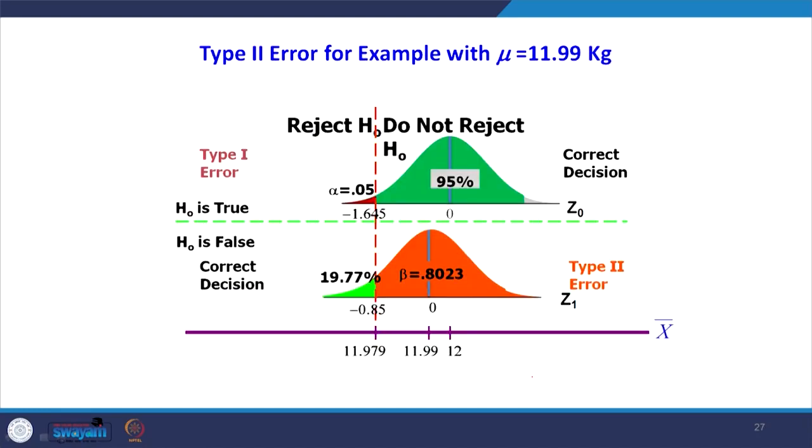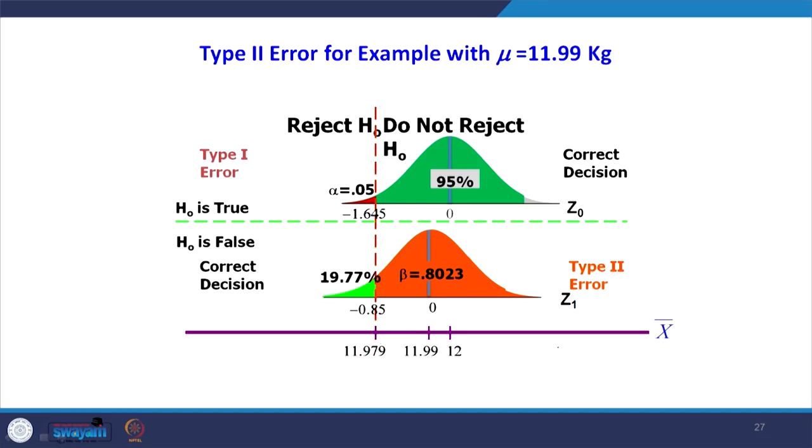Now, look at this graph. You see that my assumed mean is 12. Suppose my true mean is 11.979. What will be the value of type 2 error? You see that when alpha equal to 0.05, z is minus 1.645, I know that. So, what will happen if the true mean is 11.979?